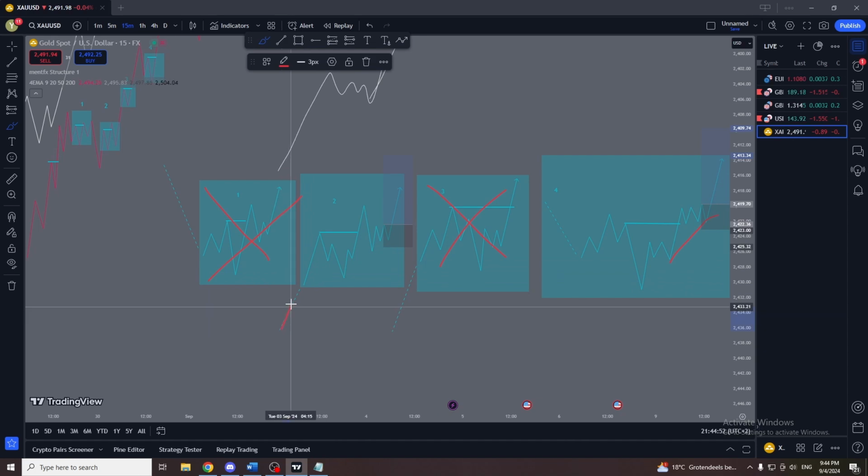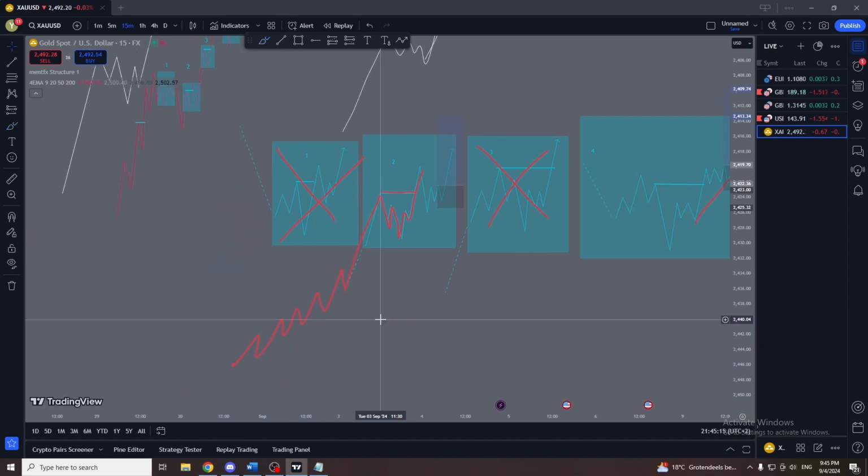If price went like this, which it did, and it broke this high, you can't say if this is break of structure 1, break of structure 10, break of structure 11, or break of structure 4, because you don't know if this was happening before.